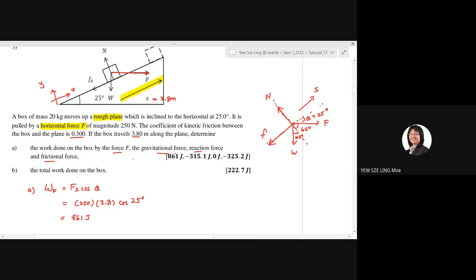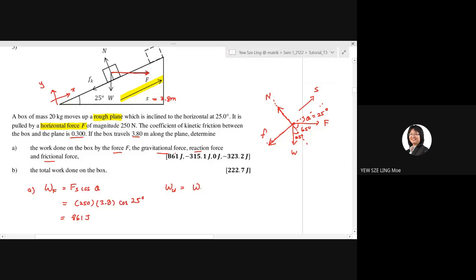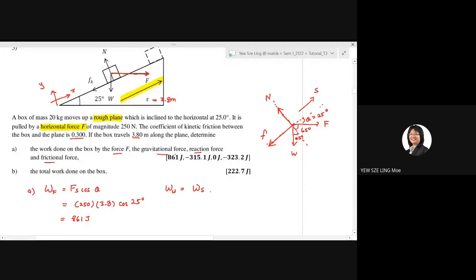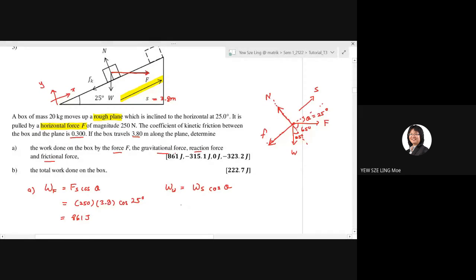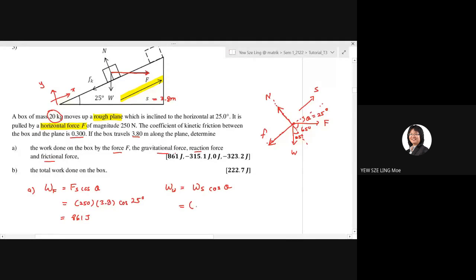The second one is the gravitational force. Work done equals weight times S cos theta. Now W you don't have, but what you do have is the mass, 20 kg. So W is mg, so mg times S, which is 3.8, times cos. Now what is the angle between W and S?